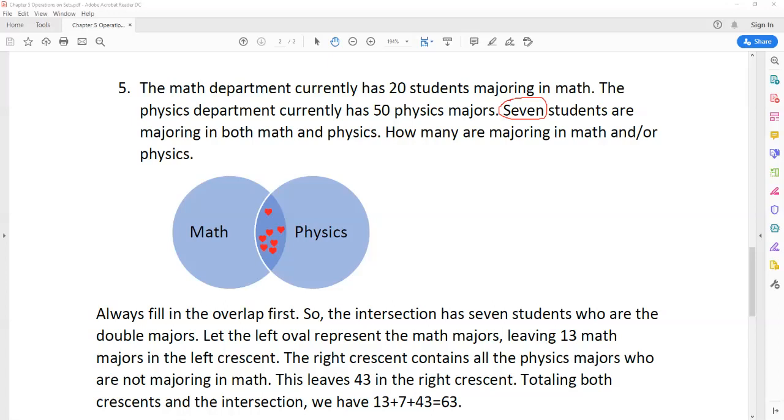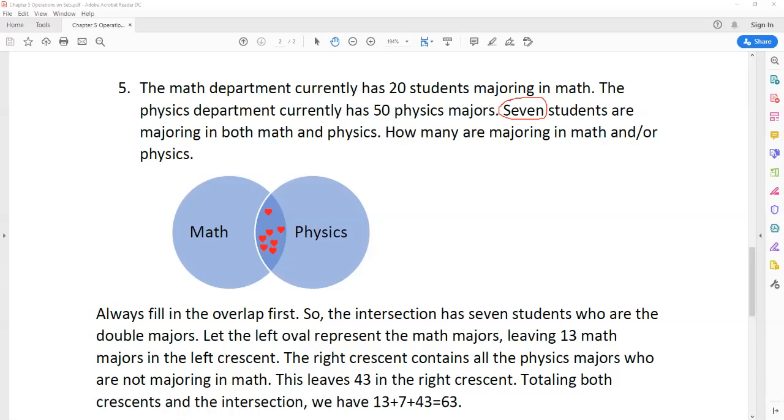And let's go back again and take another look at the problem. If we have 7 students who are in the overlap, then how many would we have in the left and right crescents?